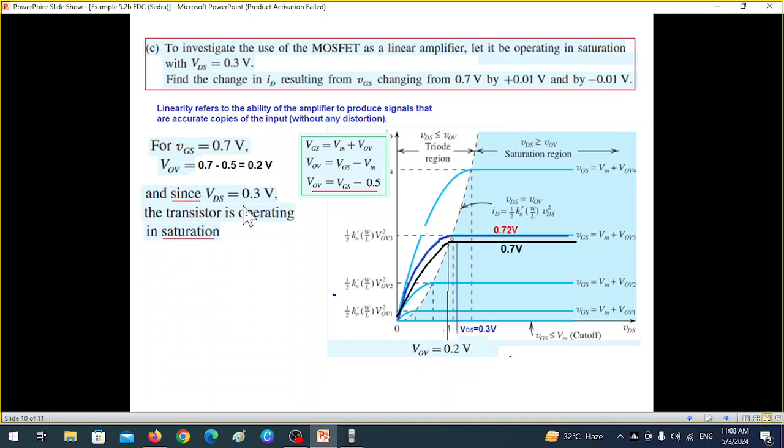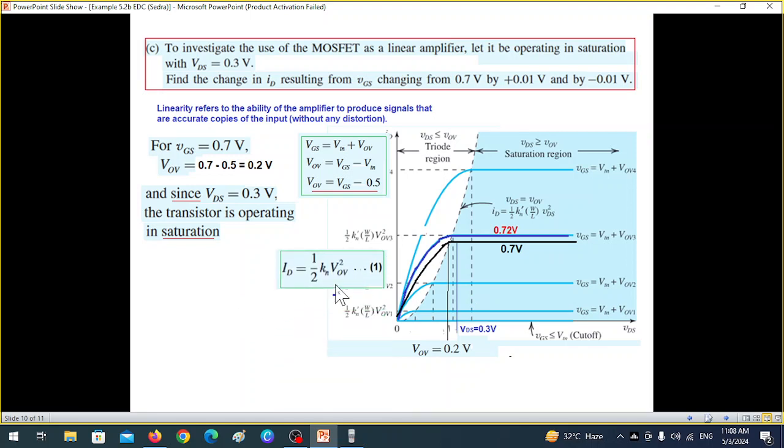And since VDS is 0.3 volt, the transistor is operating in the saturation mode. So we are here, this is the edge, and we're saying that VDS is 0.3. So obviously on the right hand side, that means the transistor is operating in the saturation region, and as an amplifier, it should operate in the saturation region.